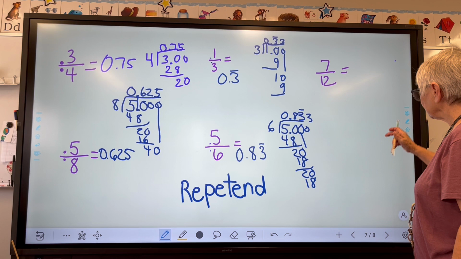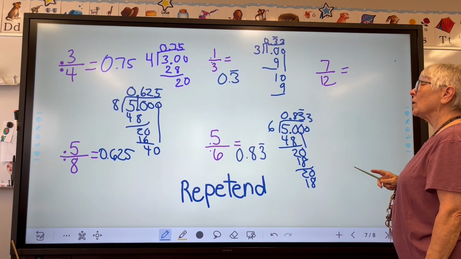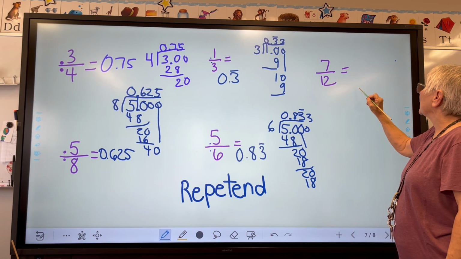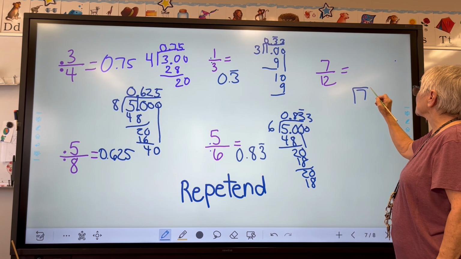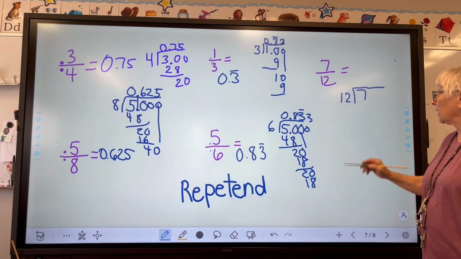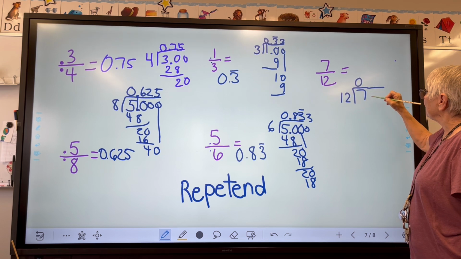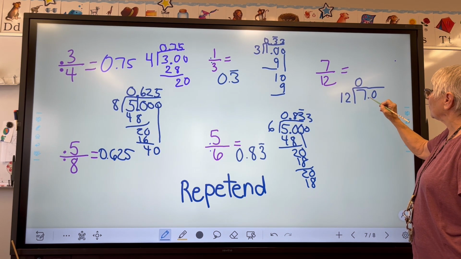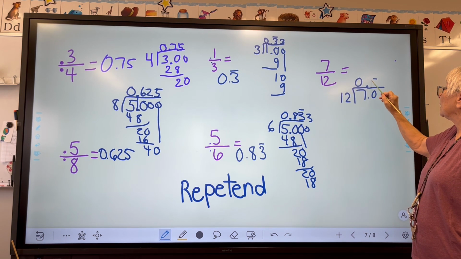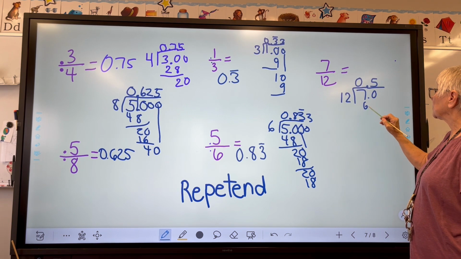Okay. Now, 7/12. Which one is going to go inside the box? That's right, the 7. The 7 goes in the box. And the 12 goes outside, it's the divisor. 12 does not go into 7. So I'm going to put a 0 up there. Add a 0, the decimal is right here. 12 goes into 70 5 times, which is 60.